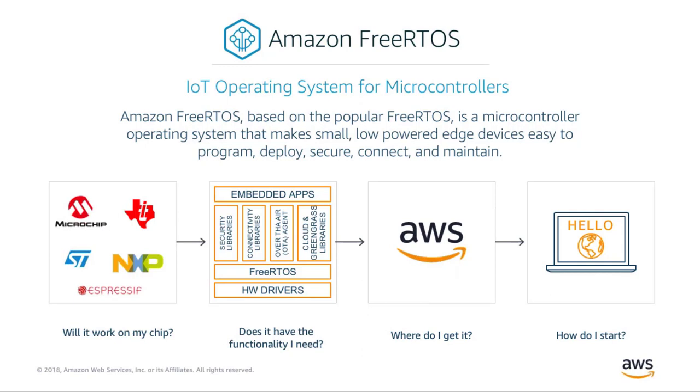Therefore, I'm proud to present Amazon FreeRTOS, an operating system that makes it easier for devices to use the cloud. Amazon FreeRTOS is an IoT connected operating system for microcontroller-based edge devices. To get FreeRTOS for your devices, you just go to the Amazon FreeRTOS console to download it for your chipset.